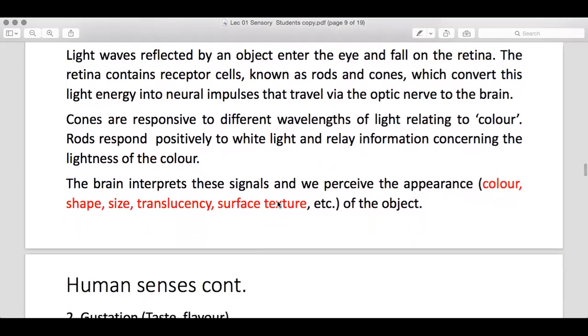The brain interprets these signals and we perceive the appearance and color. We can understand the color easily, and its texture, whether it is a rough product or a soft one, and how to consume it. We can reach a decision.